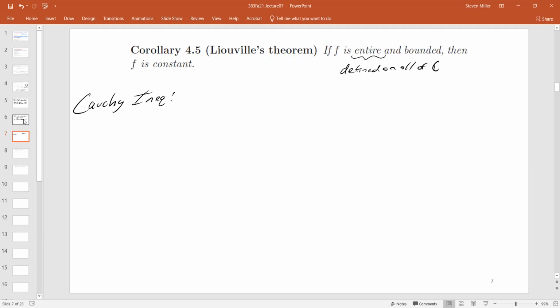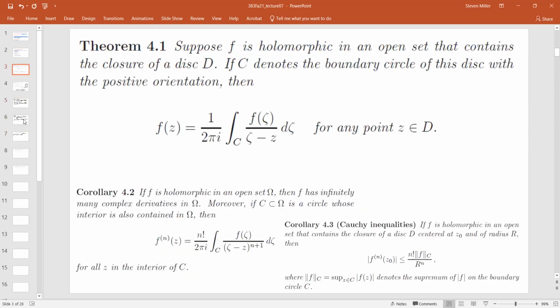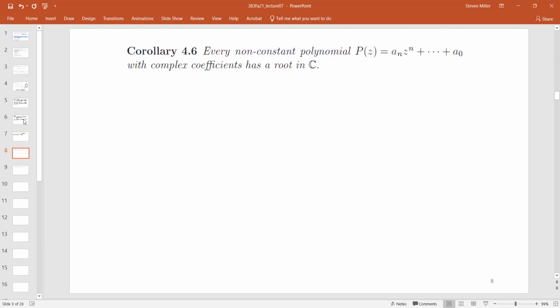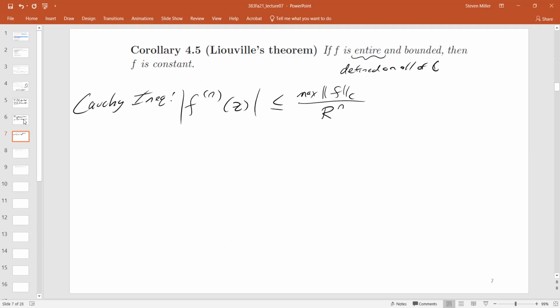So we know that the nth derivative of our function at some point z in absolute value is less than or equal to the sup on the curve C divided by r to the n, times n factorial.